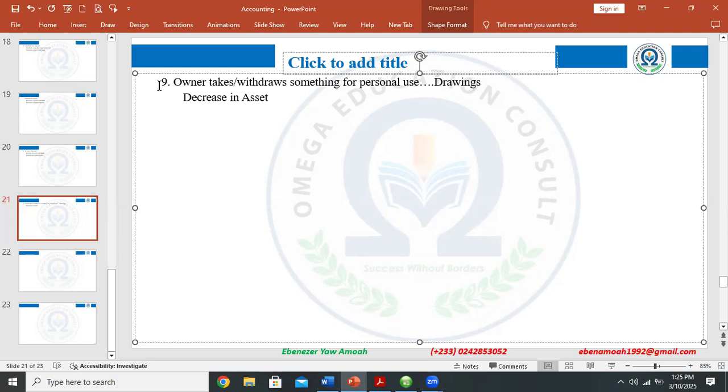So there's a decrease in asset, which can be in the form of cash or bank or other assets like a building or any other thing. Okay, I'll come to the questions.